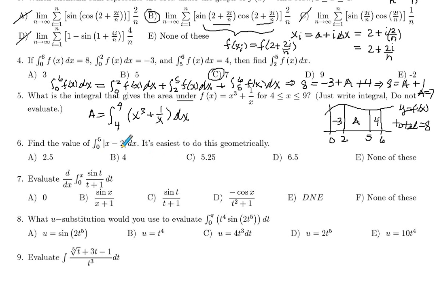Okay, number 6, we've got an absolute value function. We're integrating from 0 to 5, so we're finding the area underneath this function. And I mentioned it's easiest to do this geometrically. So if we sketch a graph of this function, let me do it up here if you don't mind. Absolute value of x is a v-shaped function at 0, like this.